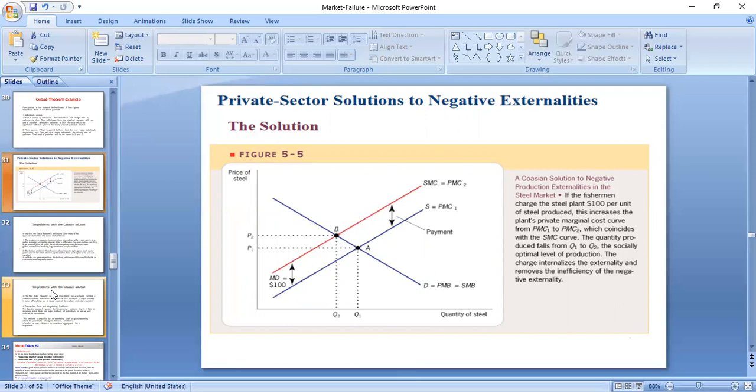And he says that here, the private bargaining between the two parties, for example, the steel manufacturing factory and the people living near it, as long as they bargained, at the end of the day we would be able to get an efficient outcome.